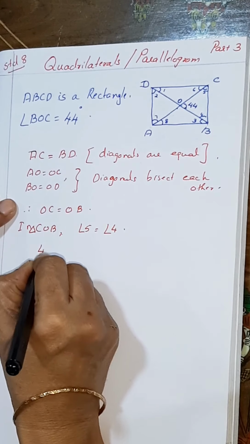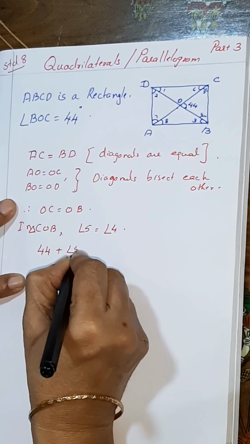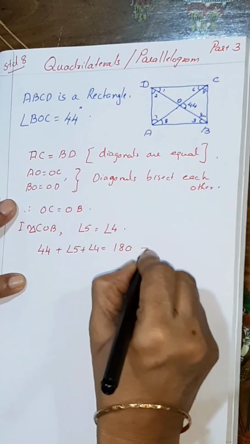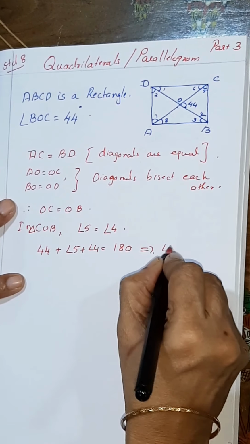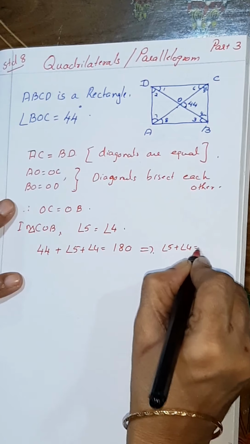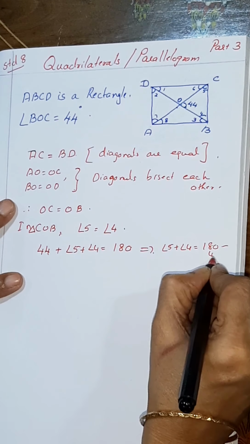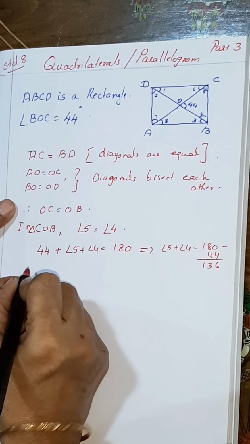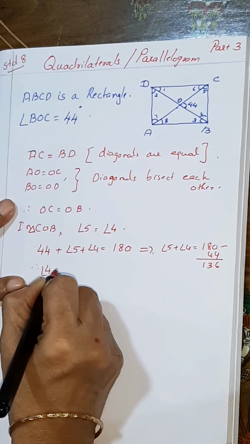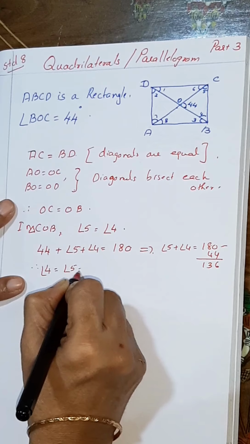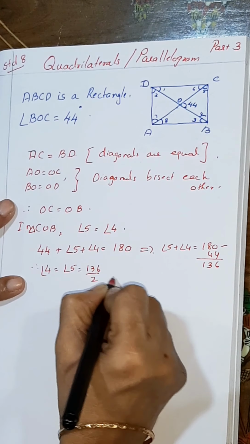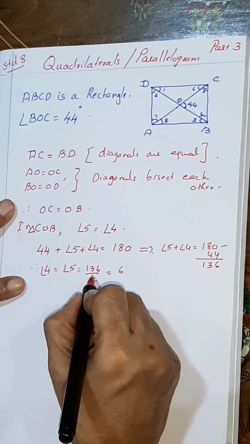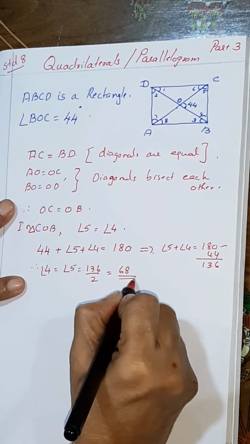So 44 plus angle 5 plus angle 4 is equal to 180. From this we get angle 5 plus angle 4 is equal to 180 minus 44, so 136. Therefore angle 4 is equal to angle 5 is equal to 136 divided by 2, which is 68 degrees.